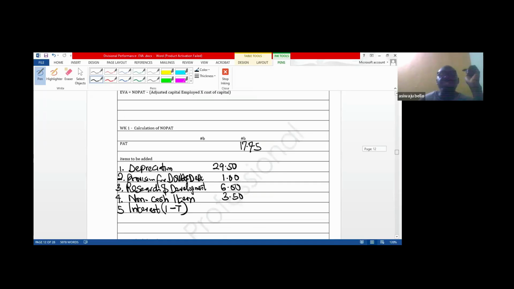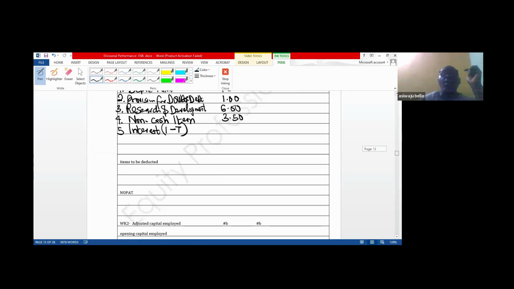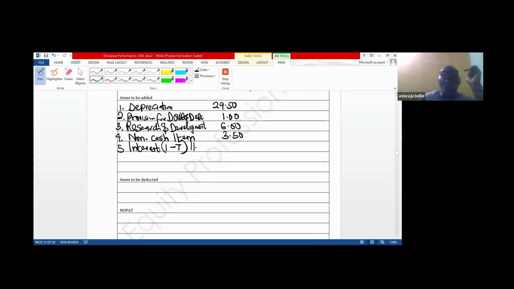Look at the working place. 11.5 into bracket 1 minus 0.25. Please work this out. That is the interest paid net of tax.